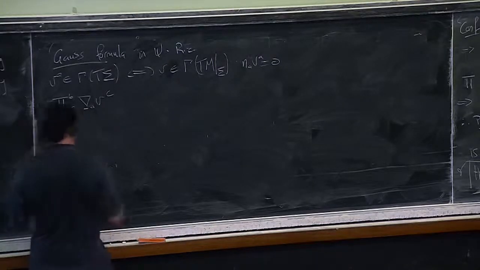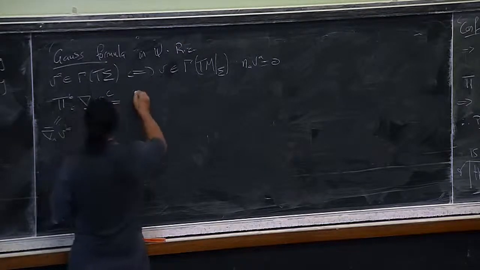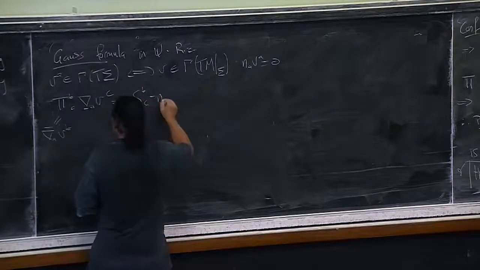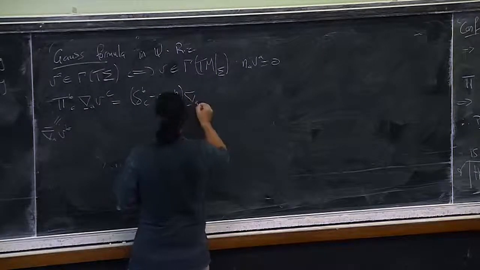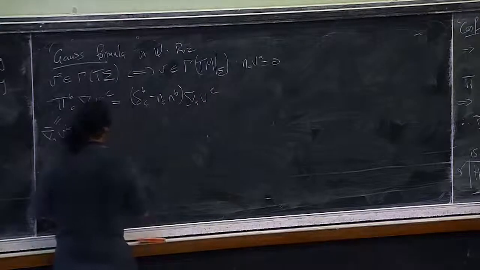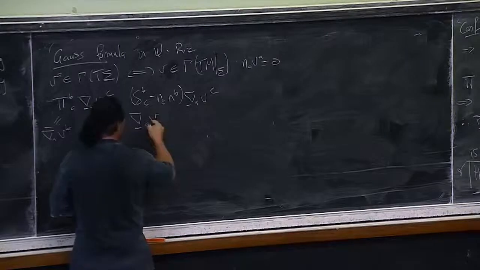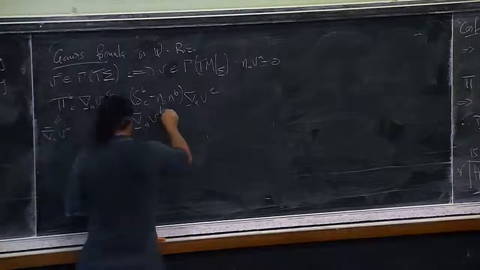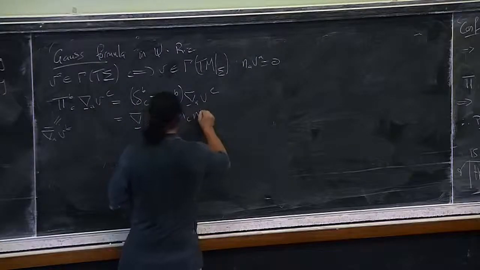So this gives you the induced connection. So what this is, it's δ_b^c minus n^c n_b, times ∇_a v^c, which is this tangential direction using the ambient connection, hit it with the Kronecker delta. And then I have this term here.